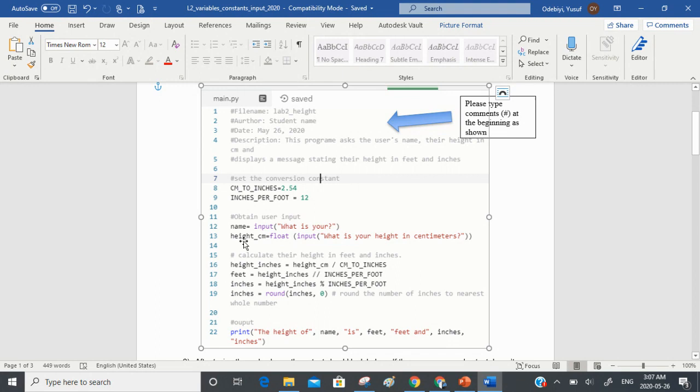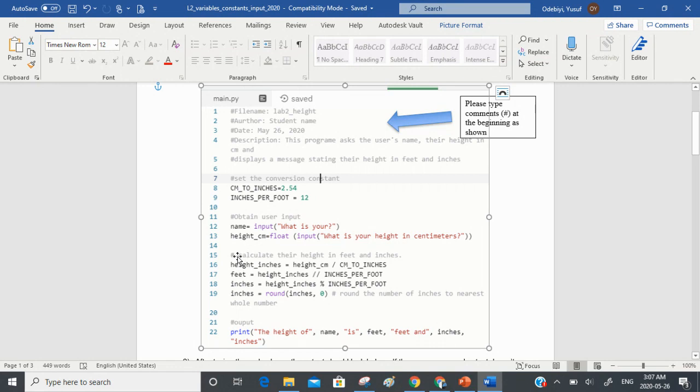And then here is a variable, height underscore centimeters equals float, and the input is, what is your height in centimeters? Most people should be able to know in centimeters. If you don't, just guess it. It doesn't really matter. Basically, that's just a prompt.